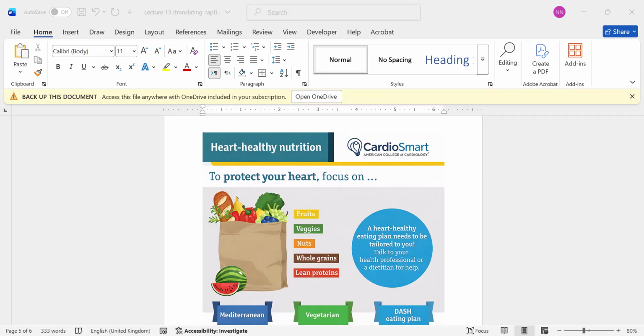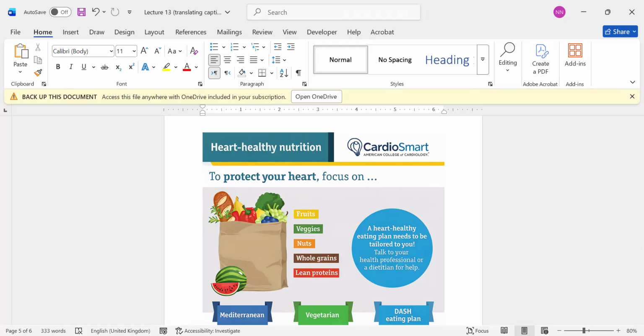Now, when you're going to translate this heart healthy nutrition, you can be literal and say أسلوب غذائي لقلب سليم, for example. Or you can say غذاء أفضل لقلب أصح, right? Or you're going to need, like I mentioned, you need to limit the number of words you use, and you need it to be catchy because these infographics are meant to make the person reading them feel, let's say, connected, interested.